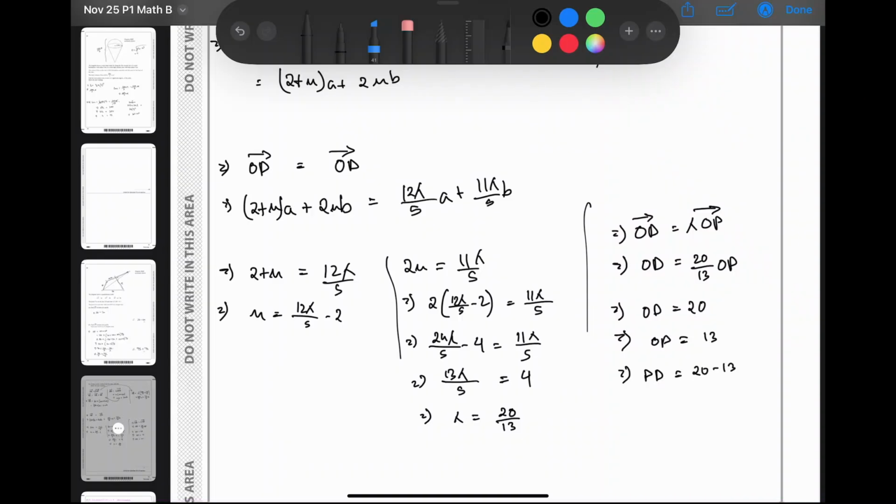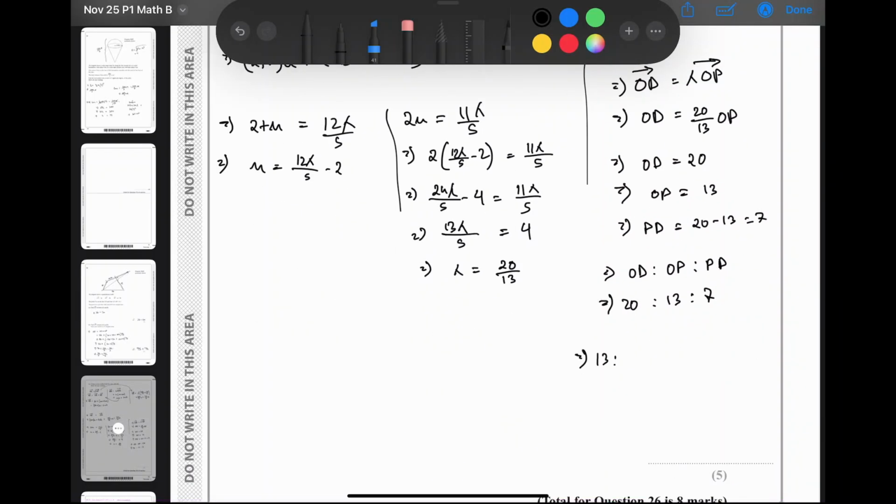After subtracting, the 13 is for OP, so the remaining 7 will be for PD. So our ratio is 7 to 13.